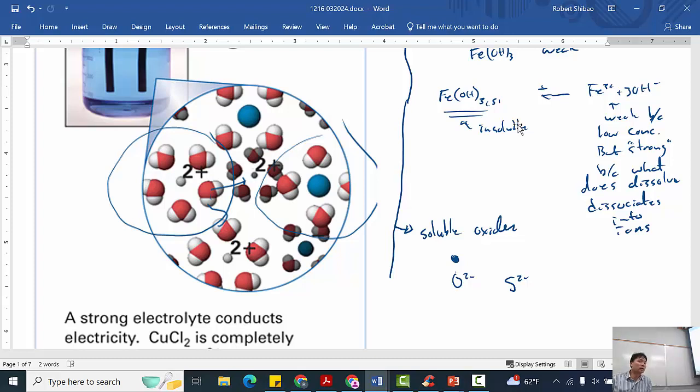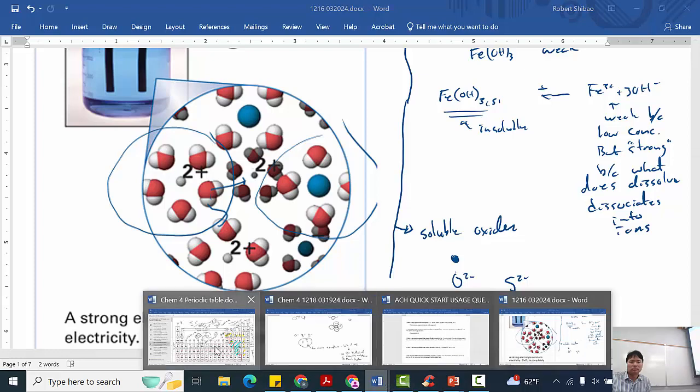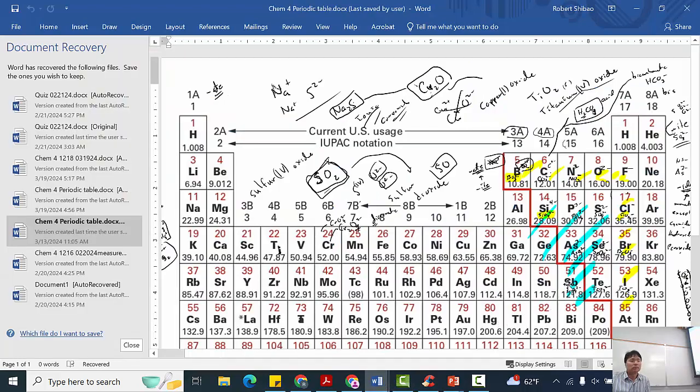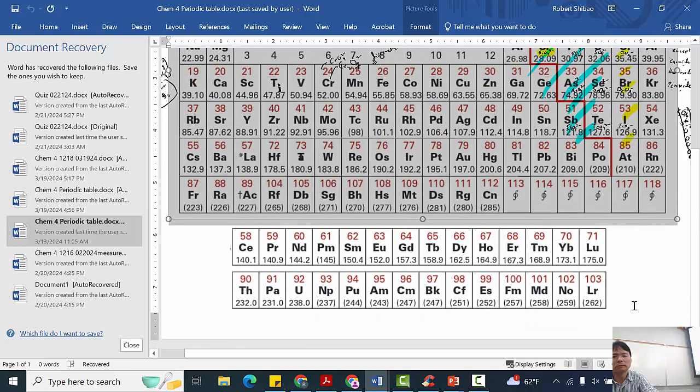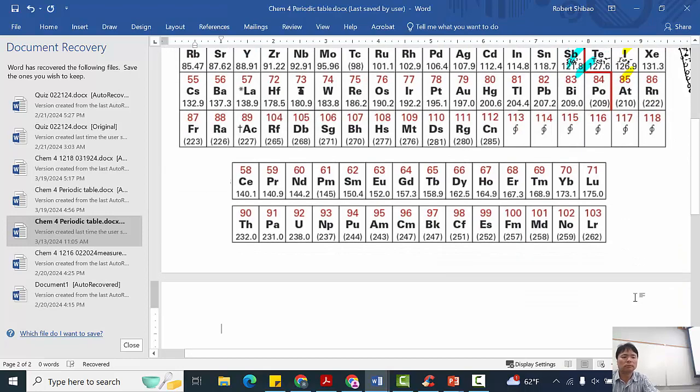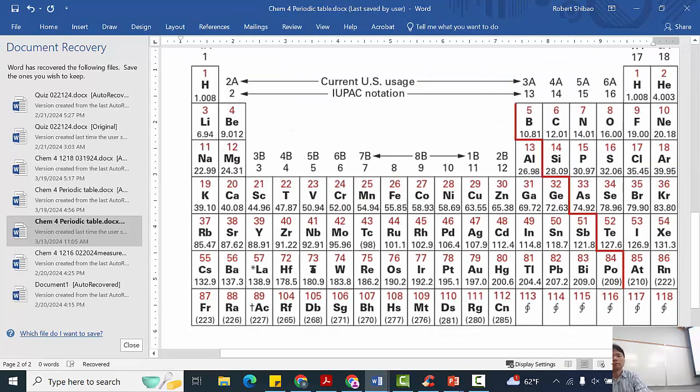So let's take a look at the periodic table. Oxide or sulfide? Which one do you think is bigger? Oxide. How come?